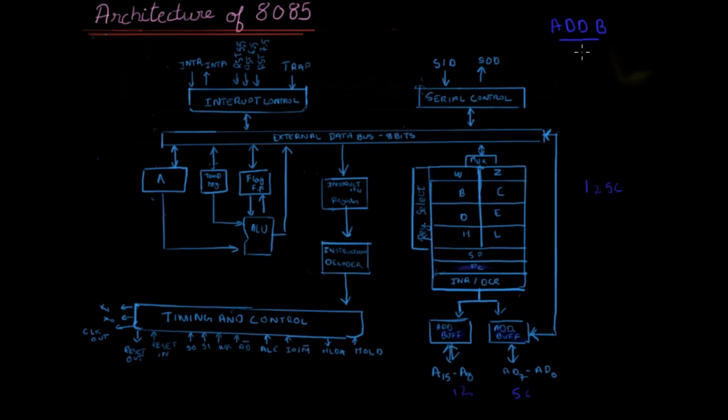So just for now, bear with me, I'll be explaining what an ADD B does. ADD B over here means B is added to something and it is to be stored in something. Do you get what I'm telling here? B is to be added to something and it is to be stored in something, right? So what is this something?